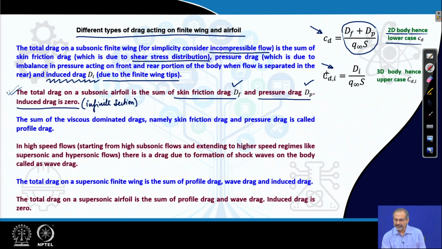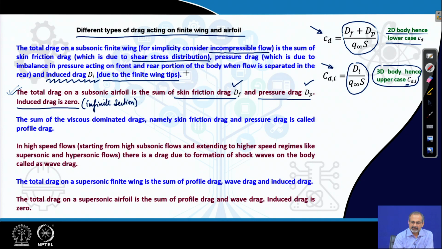When it goes to the induced drag, it is talking about a finite span body, that means a 3D body, hence we use the uppercase C, and we non-dimensionalize the induced drag by the product of free stream dynamic pressure and wing planform area.